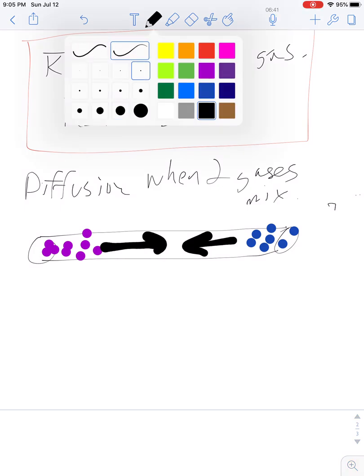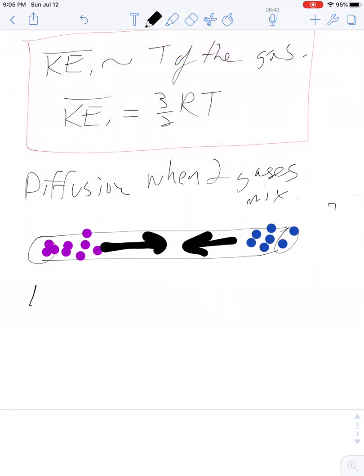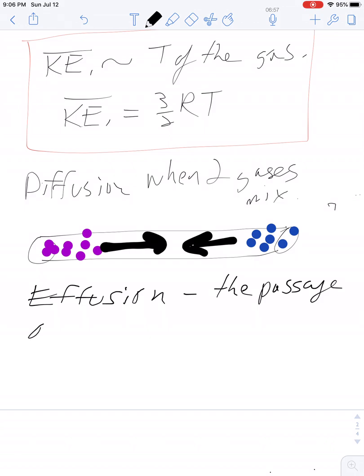But effusion is the passage of 1 gas into a vacuum.